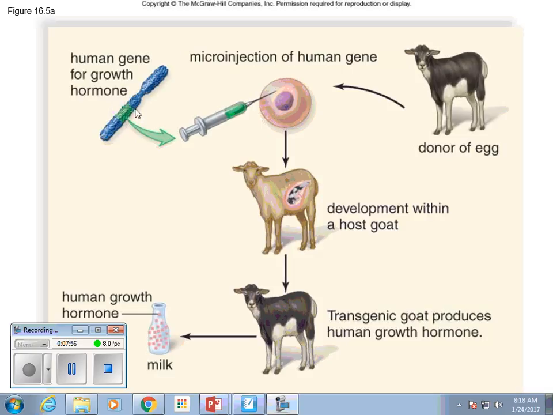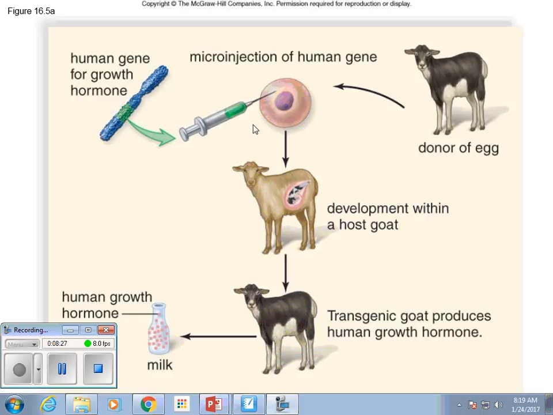We can then take that gene and insert it into an egg of a goat. That embryo is then implanted into a female goat uterus, and the end product is a goat that produces growth hormone in its own milk.